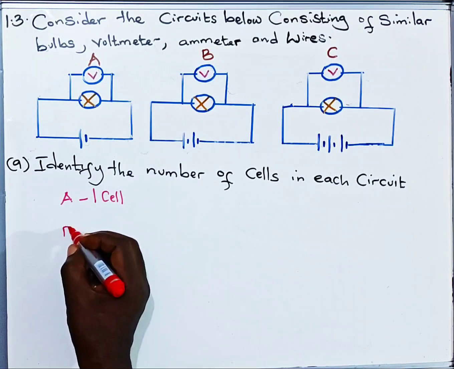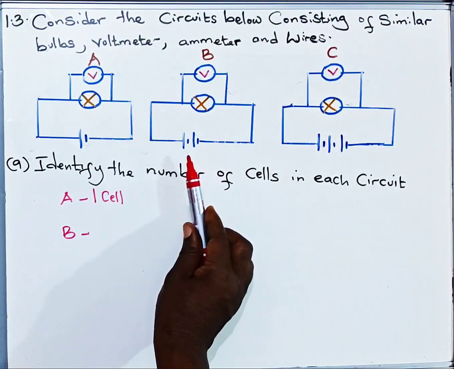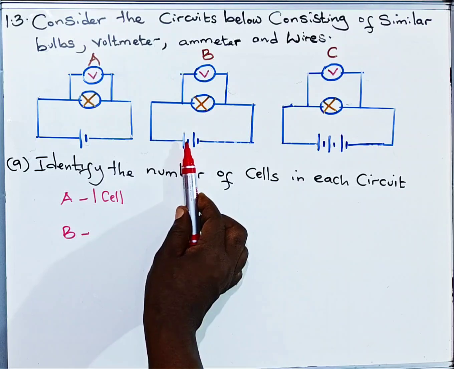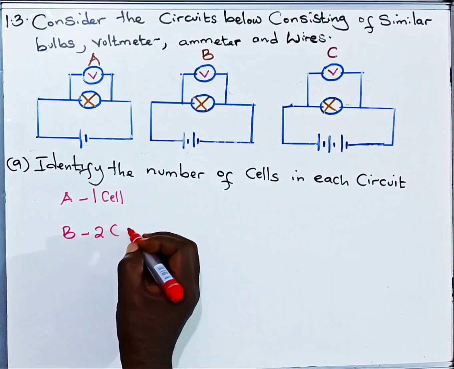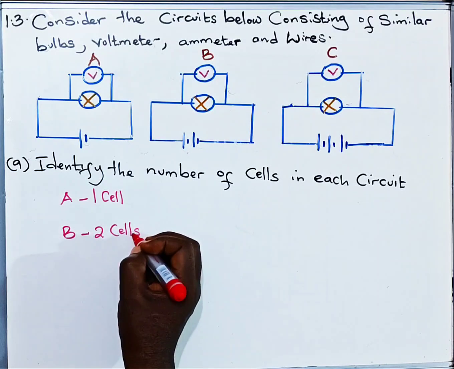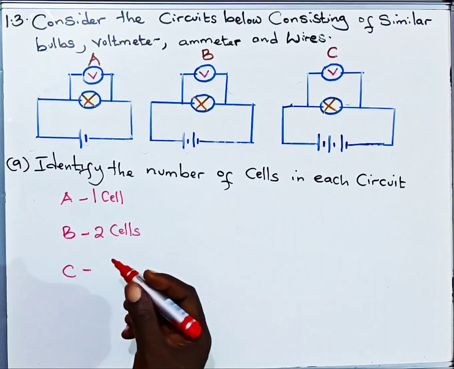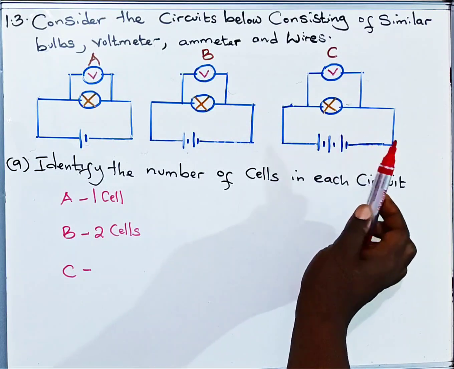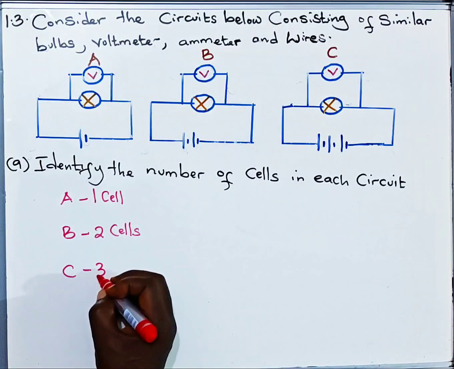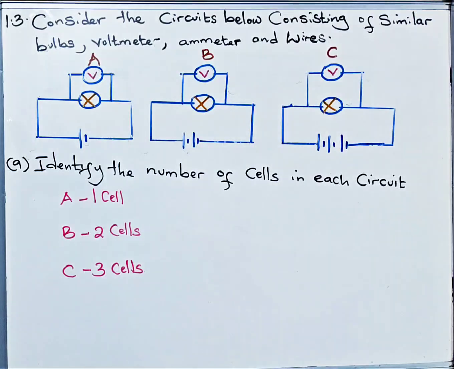Then we go to B. This is 1 and 2. So B has 2 cells. Then we go to C. C has 1, 2, 3. So how many? 3 cells. That's what we have.